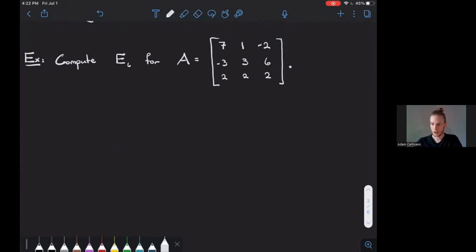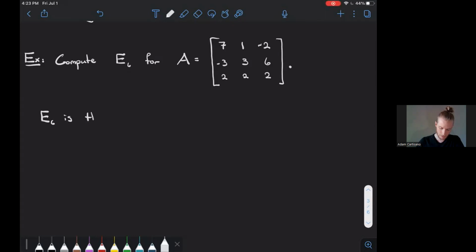in other words, they're claiming that 6 is an eigenvalue of this matrix A. We're going to believe them for now. The book actually goes and verifies this. You can too if you want. But remember, E6 is just the null space. I guess we didn't say this specifically in the previous problem, but it is true.